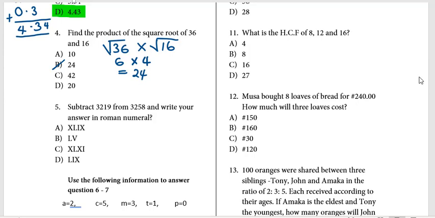Okay, let's go to the fifth question. It says subtract 3219 from 3258. Students make mistakes sometimes with this kind of question. And what's that mistake? For instance, if we say subtract 2 from 7, it simply means 7 minus 2 if you're meant to write it, not 2 minus 7.